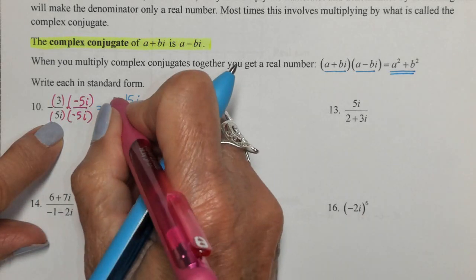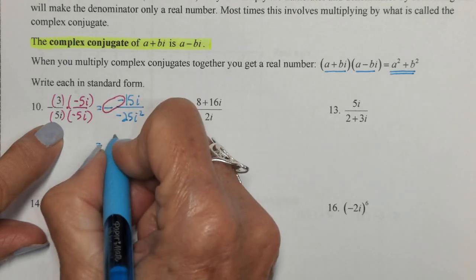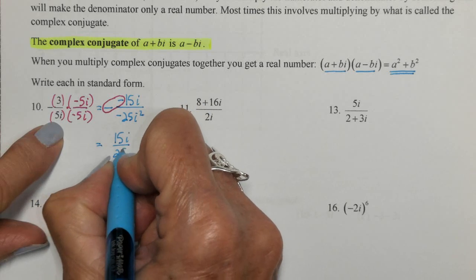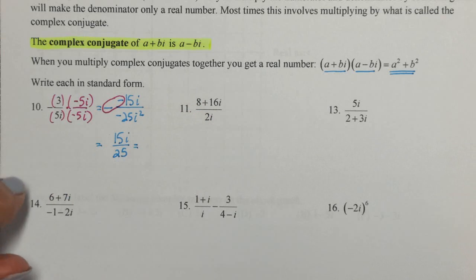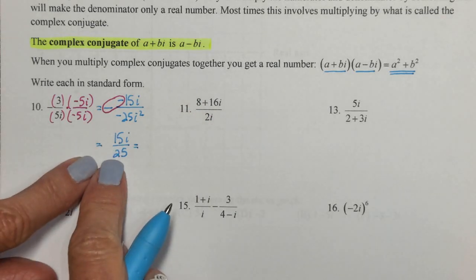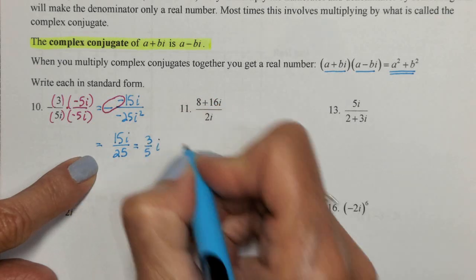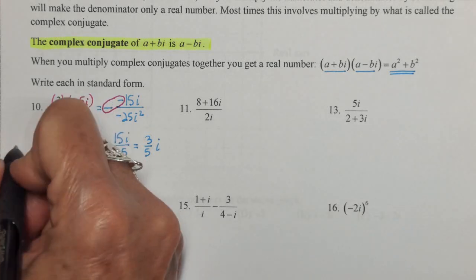And a negative times a negative is a positive, so I have 15i over positive 25. And then that reduces, there's a 5 on top and a 5 on the bottom, so that reduces to 3i over 5. Okay? Nothing wrong with that, but I do want to show you another way.